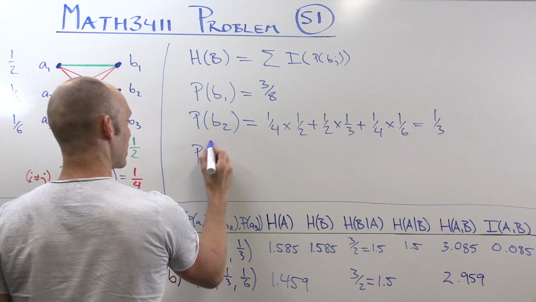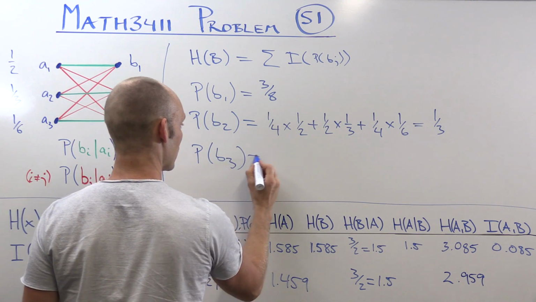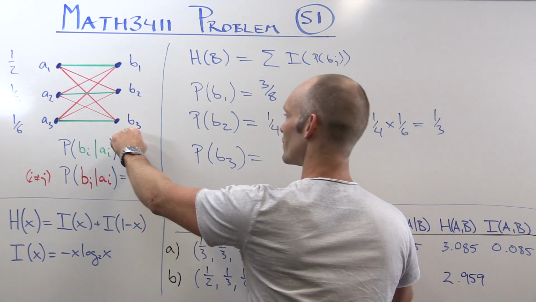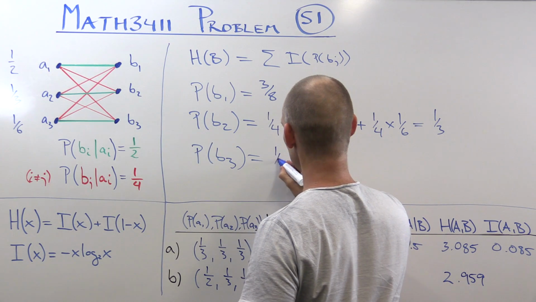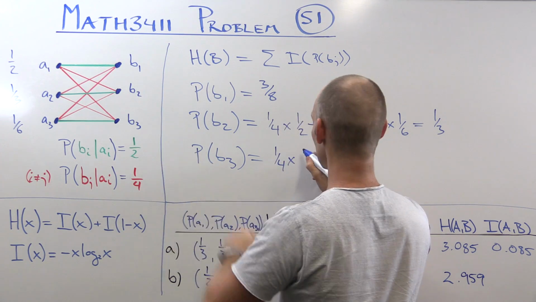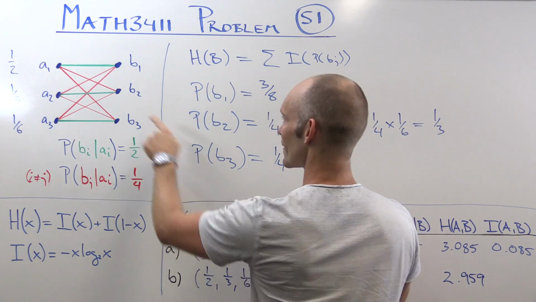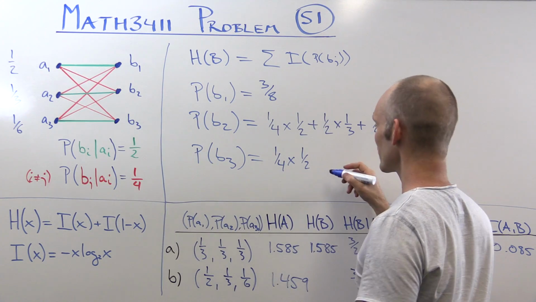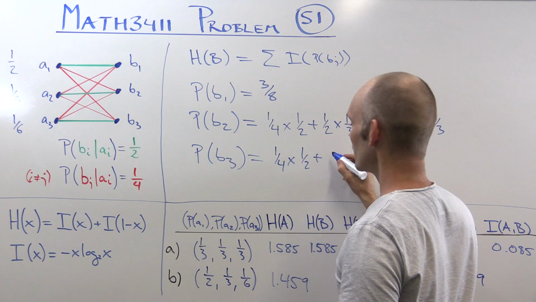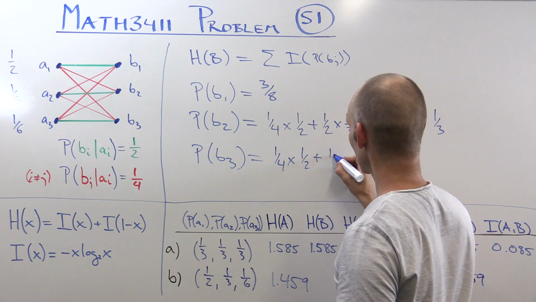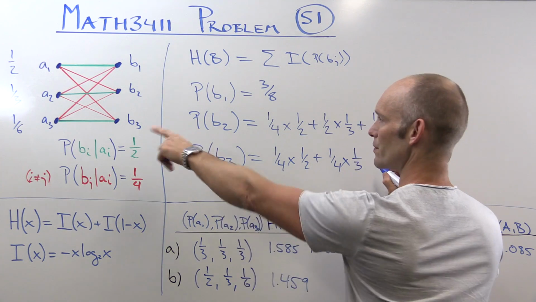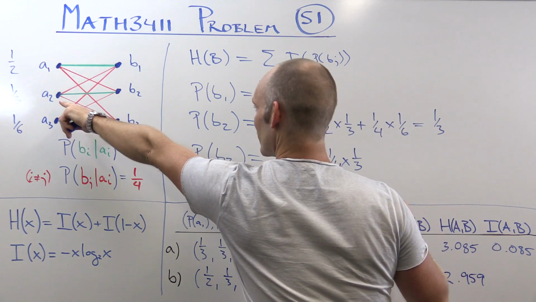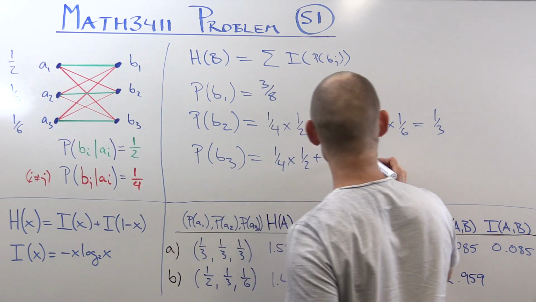Okay, what about B3? Well, that's similar. How do we get to B3? Well, we could get from A1 with a quarter chance times the half probability of starting in A1 in the first place, or sending A1. And similarly, we have a quarter times a third chance of sending A2 and receiving B3.